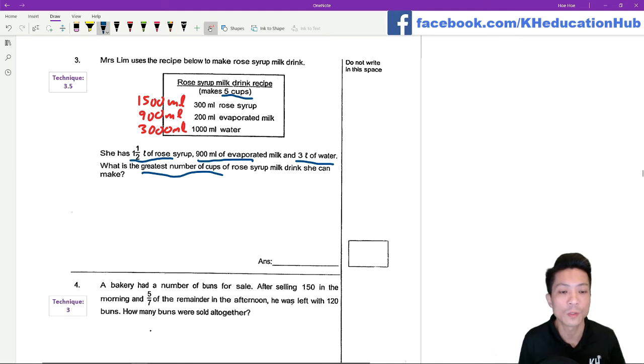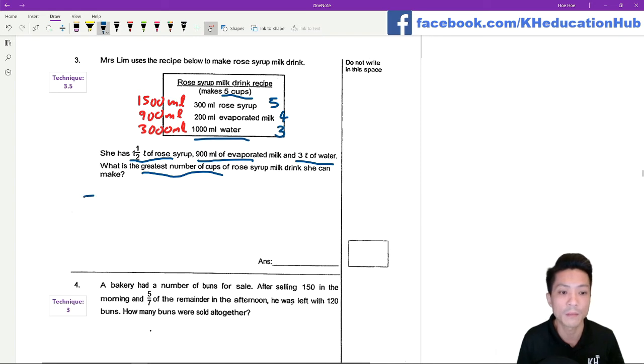Okay, this will allow me to make, like, there are 5 groups. These will allow me to make 4 times 200 is 800. This will allow me to make 3, right? So obviously the limiting material will be the water, which means that I can only make 3 groups of it, right?